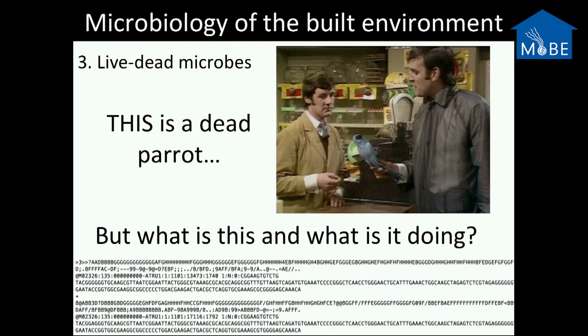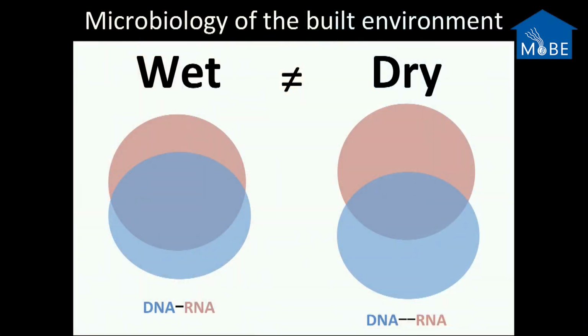But if we want to understand the function of these microbes indoors, we do need to have a sense of whether they're alive, or capable of becoming alive, or capable of growing if conditions change. So one approach that we've really looked at is the use of RNA. And so we looked at the biomarker signatures when you're targeting DNA and when you're targeting RNA.